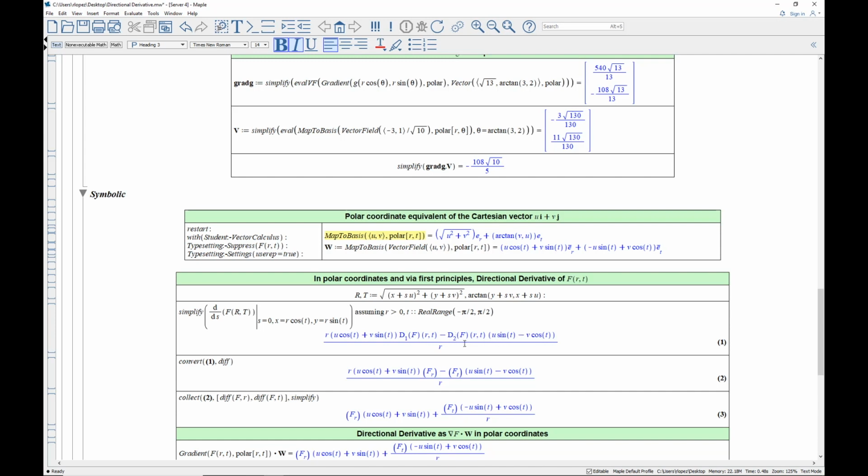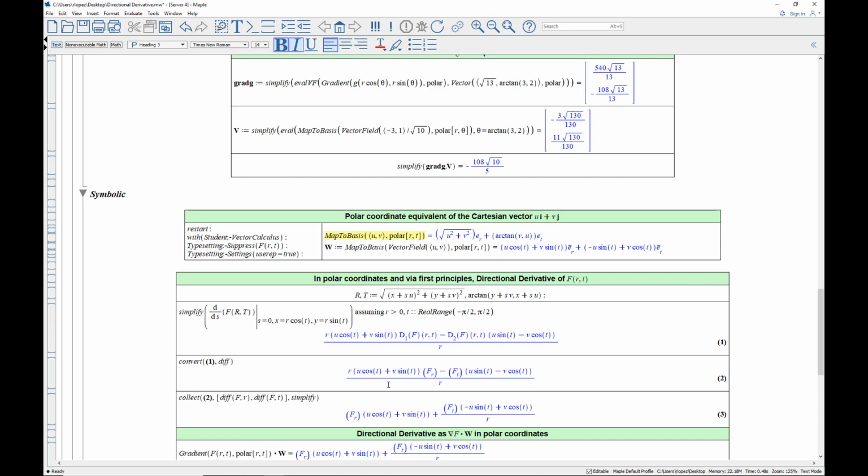This is the derivative. Can we clean that up any? Well, if we convert this to derivative notation and get rid of this D notation, then this typesetting up here will write the partial derivative as a subscript, which I find much easier to read. So this is the partial with respect to r, this is the partial with respect to theta.